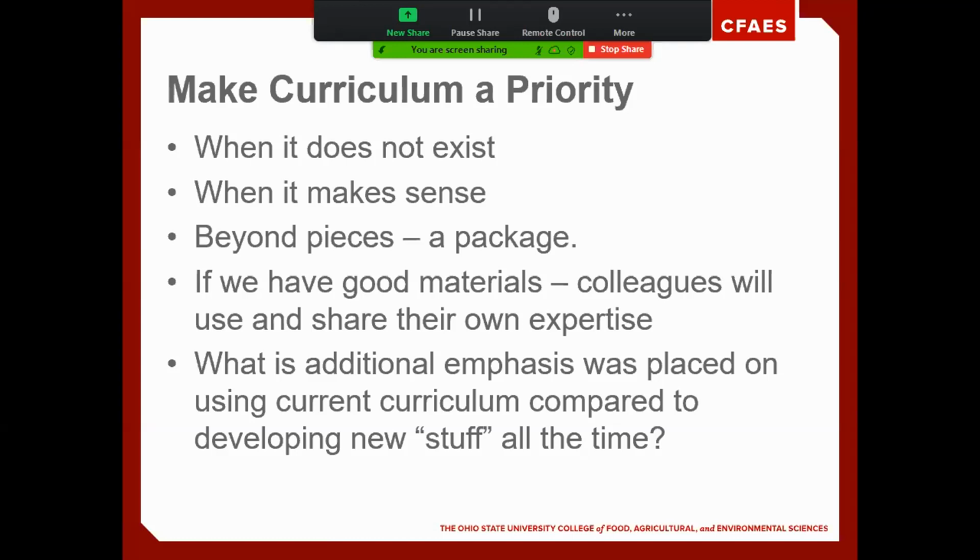And when I put things together, whether it's a lesson or a fact sheet or putting things together as part of a team, that I do things accurately, that I do them correctly, that there's not pieces missing, that I've really taken the time to make sure that everything is here so that somebody else could pick up this package, this curriculum, and be able to do their reading, do their background, have the background knowledge, but everything else is there. And we'll cover that here in just a minute.